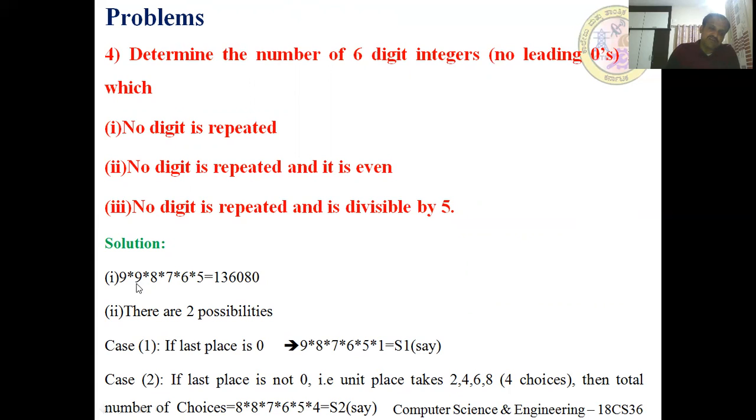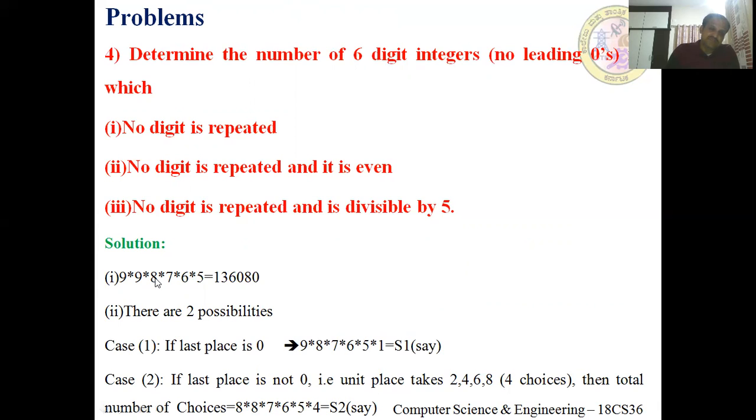Here we are going to include 0 also, excluding the first place digit. Suppose 1 is occupied, we need to select any of the digits from 2 to 9, including 0. That's why the total number of digits is 9.